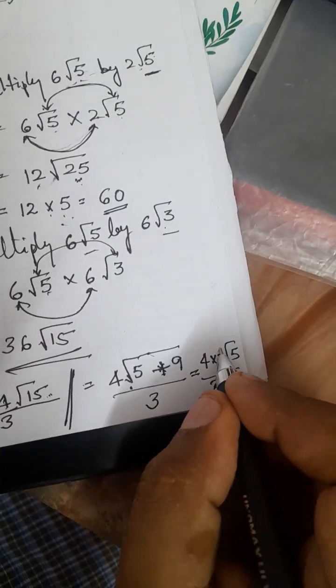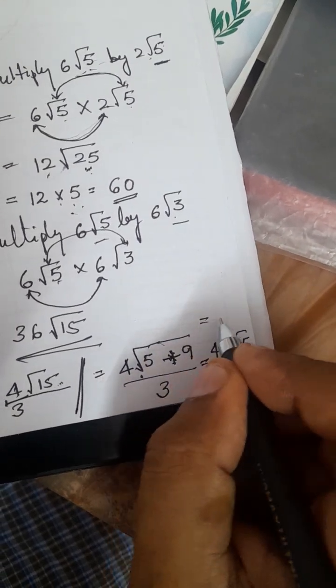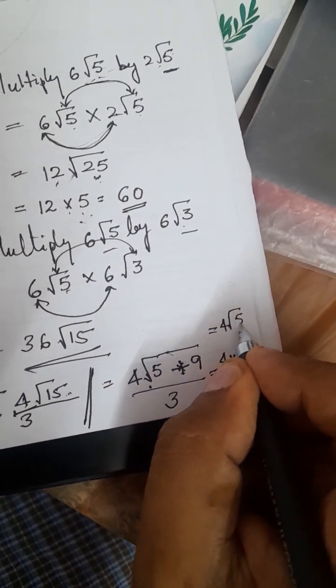I cancel this 3 with this, so you get the answer as 4 root 5.